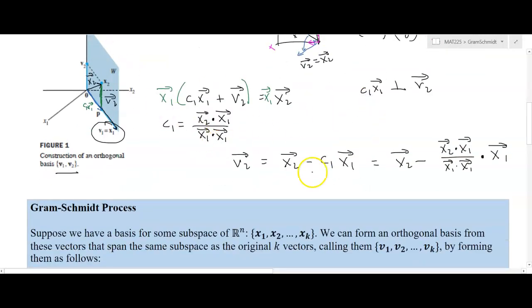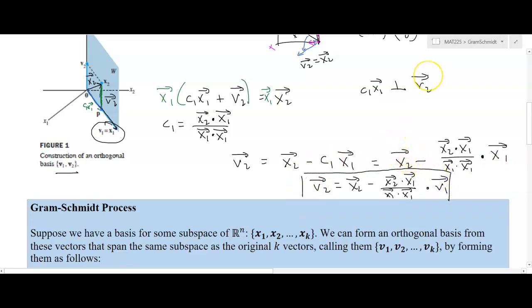So we're going to say that v2 is equal to x2, take away the orthogonal component, x2 dotted with x1 divided by x1 dotted with x1, multiplied by, since x1 is not going to get changed but we're referring to it as v1, we'll just put a v1 there. And so this tells us how to get the second vector in terms of the first vector.